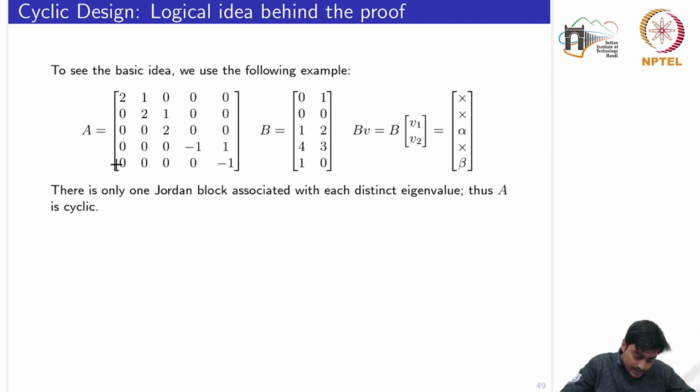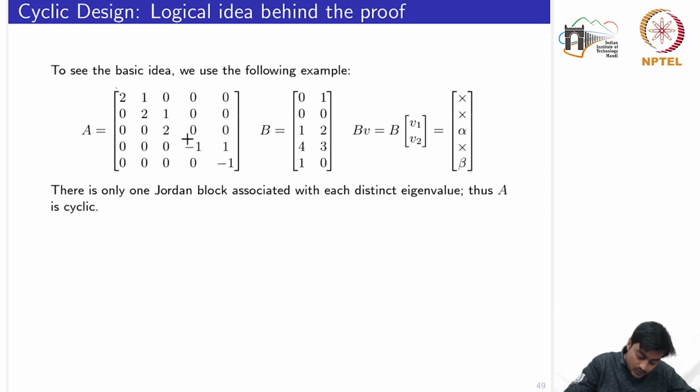For example, consider this A matrix, which is a 5 cross 5 matrix, and B is a 5 cross 2 matrix, meaning we have 5 states and 2 inputs. If we pay attention, matrix A is already given in its Jordan form. Overall it contains 5 eigenvalues, but has only 2 distinct eigenvalues, one is 2 and another is -1.